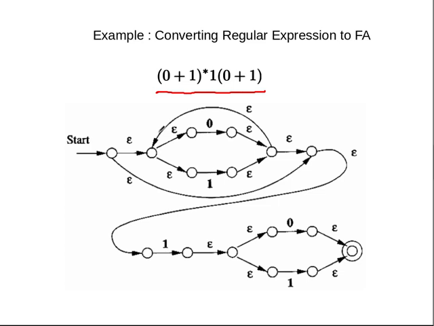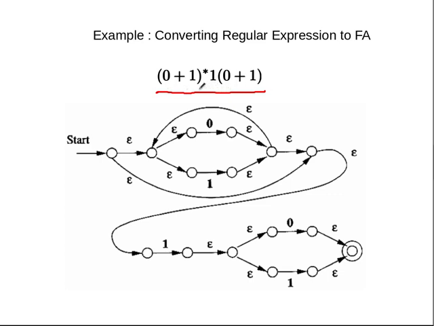Now, the other direction is not clear. The other direction means given any regular language, or given any finite automata accepting that language, we should be able to construct some regular expression which denotes the same language.